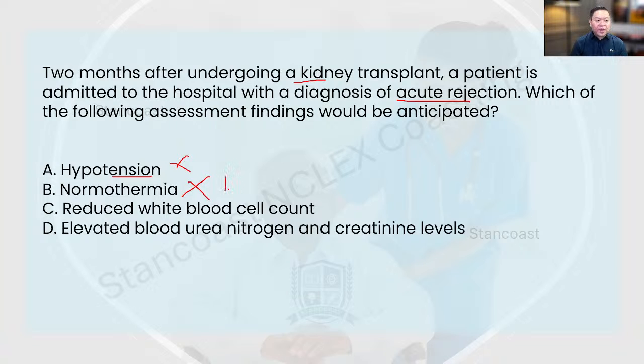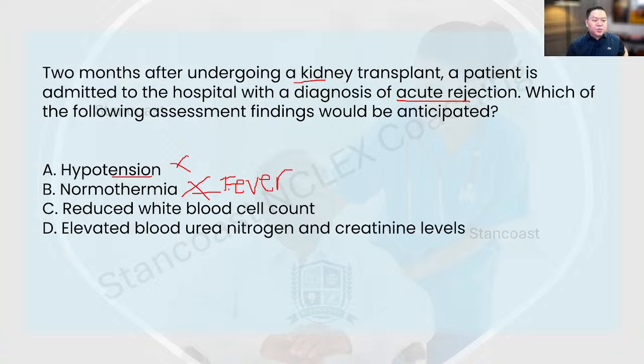Remember, they're going to have fever, not normal temperature. So that's why we eliminate that one. If there is no fever, we're going to have to look for something else, like hypertension or absence of urine output. So we're going to have to look for other signs.